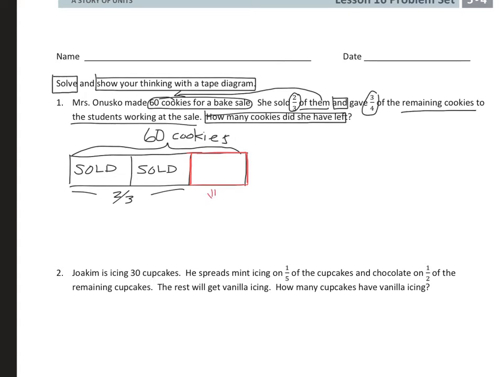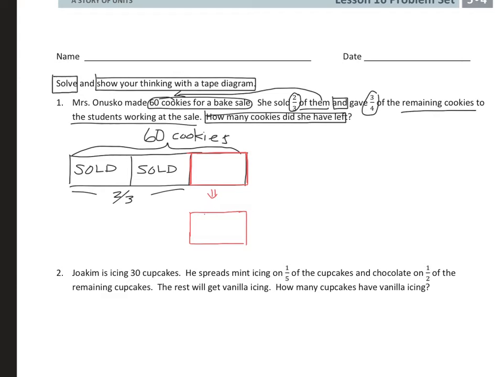And so what I'm going to do is make another tape diagram that is the same size as what's remaining. And the clue said she gave 3/4 of the remaining cookies. So looking at this model, we're going to break it up into 4 equal pieces, which is 3 lines.